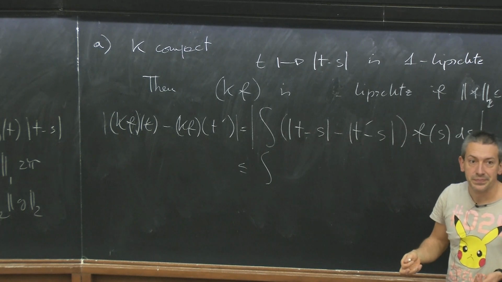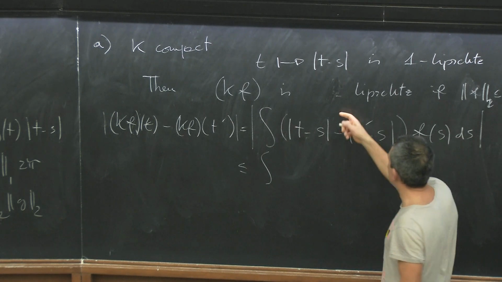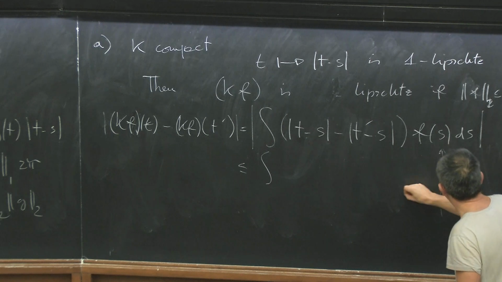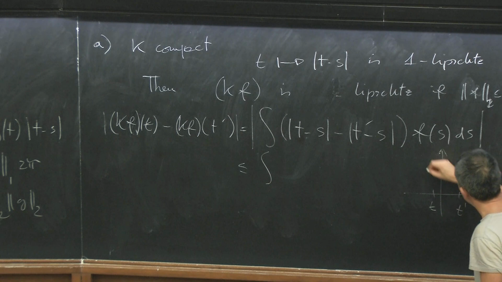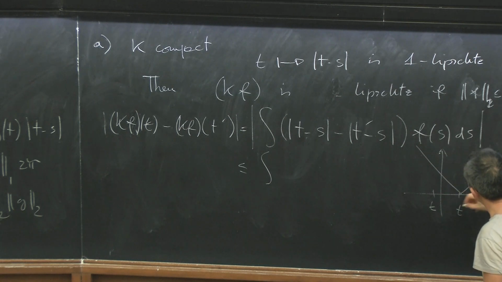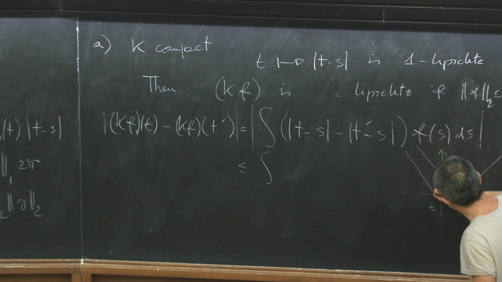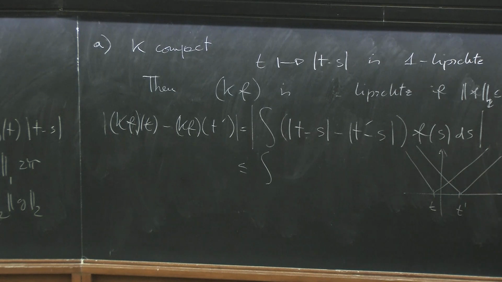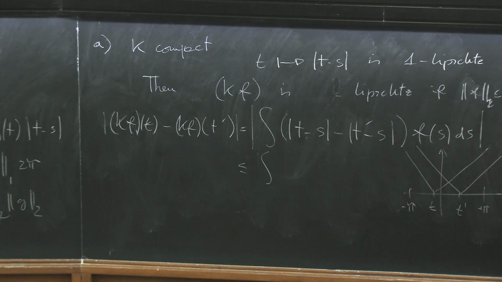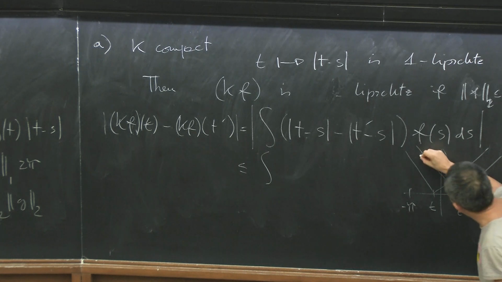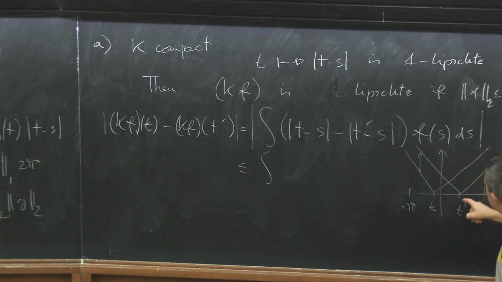If you make a graph, I give you t, I give you t prime, and I have the difference of these objects. It's not 0, it's a constant, and the difference is this thing here, which is t minus t prime.